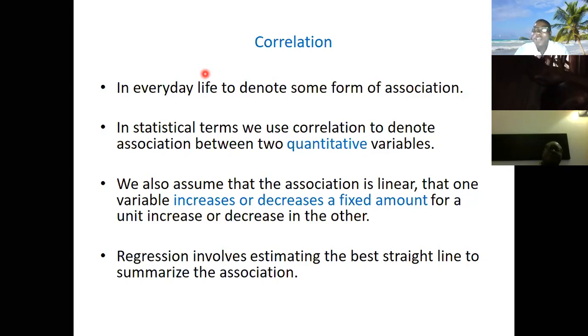But you see many other fields, when they do research, they say they try to correlate. They just use the word loosely. But you get to know that the word correlate or correlation in ordinary English is quite different from what it is in statistics. Let me say statistics, because in research we have different fields of research. So people do whatever they like.